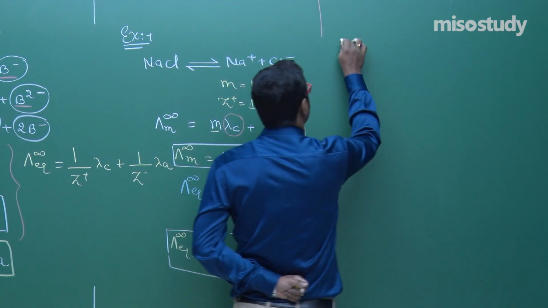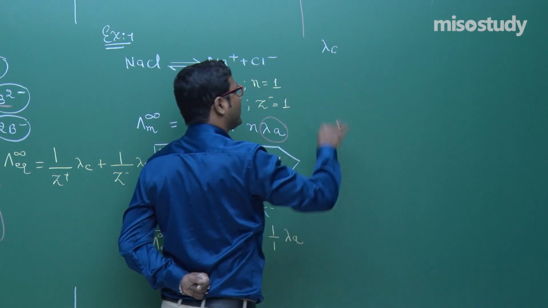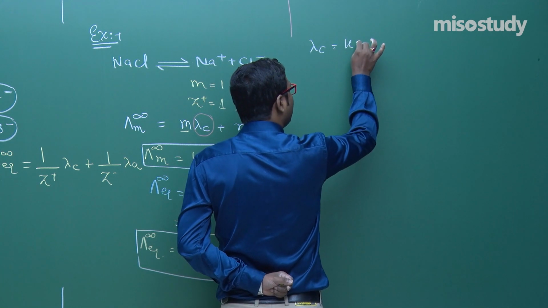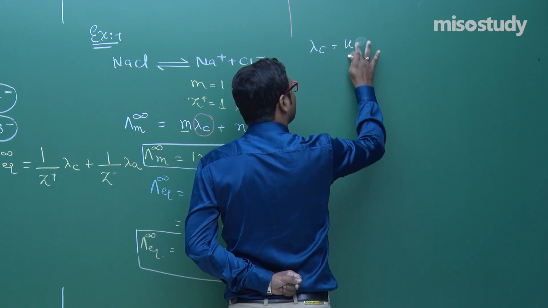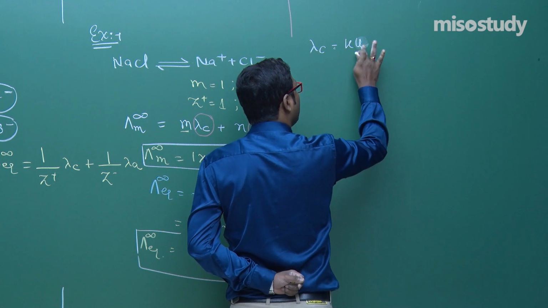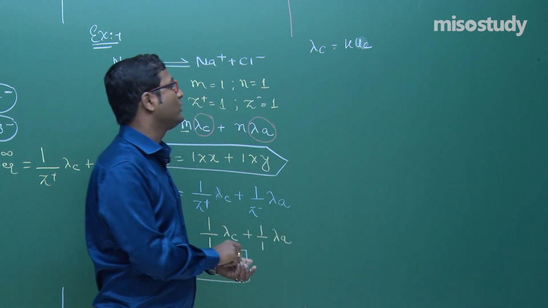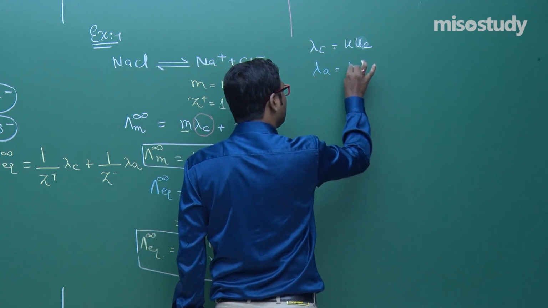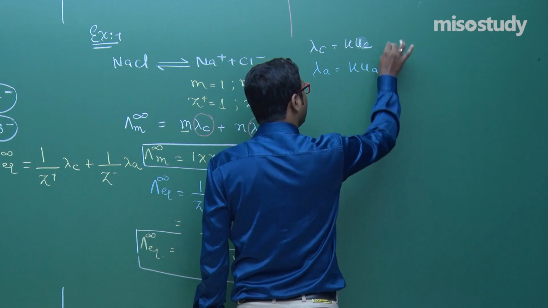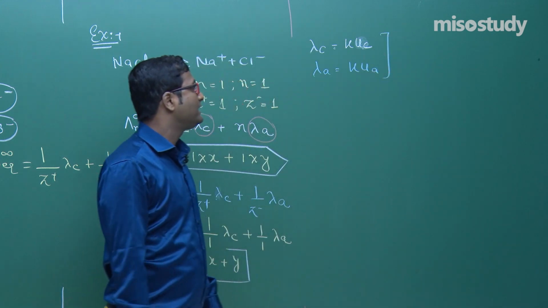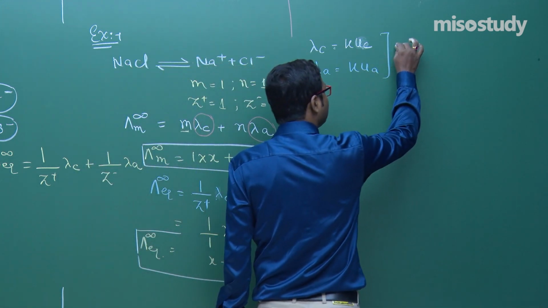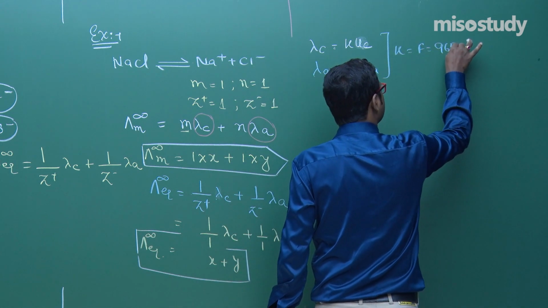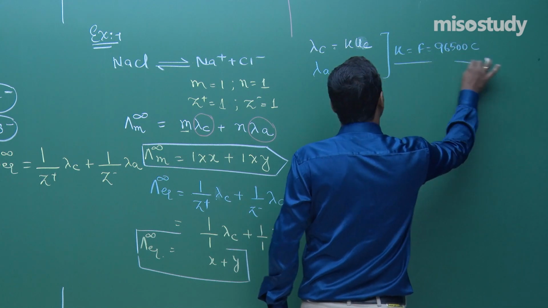The relation is ionic conductivity of cation is equal to K multiply ionic mobility of cation, and conductivity of anion is equal to K multiply mu A. If anyone asks you what is K, K is nothing, that is 1 Faraday, that is equal to 96500 coulomb. Clear to you?